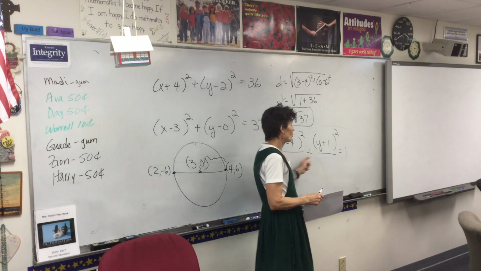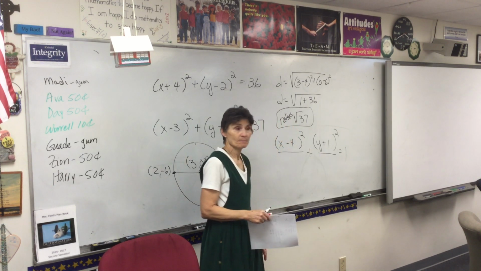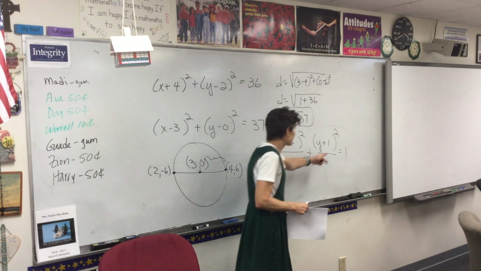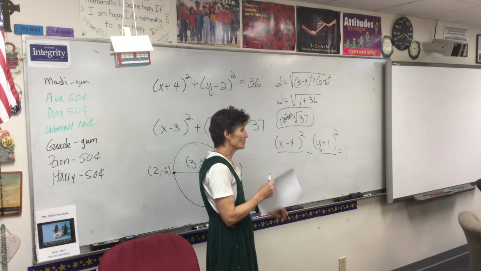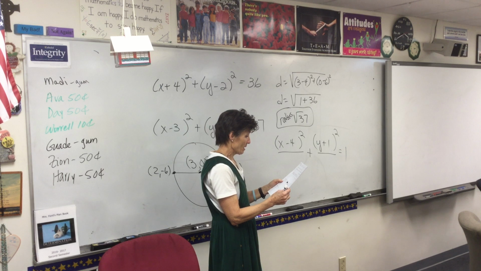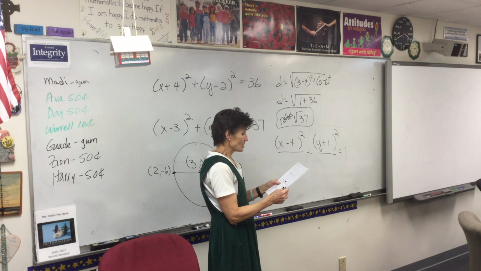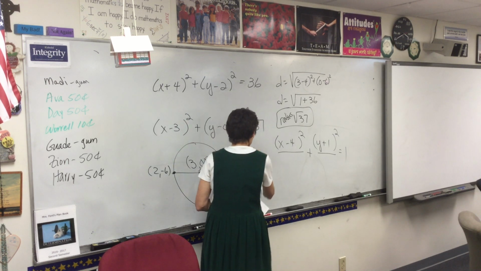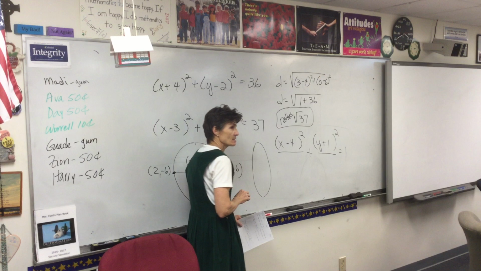Do I need to worry about the order of these letters in an ellipse? No, because that's a plus sign. Make sure you have the x with the x and the y with the y. No issues. It is stretched vertically. What does that mean? That means it looks like this.